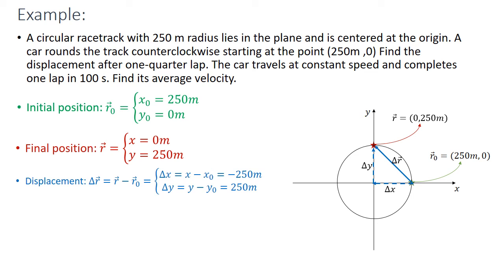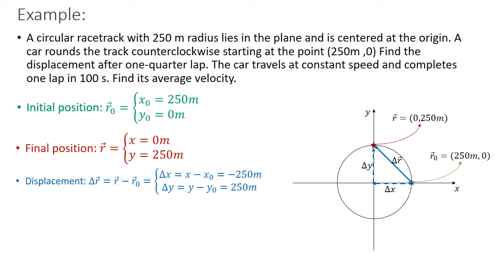Now, x is 0 and x0 is 250, so we get minus 250 meters. So it's moving in the negative x direction. The y component is y minus y0, so it's 250 minus 0, which is plus 250. So it's moving in the negative x direction and in the positive y direction. Of course, that's on average for the first quarter of the lap.